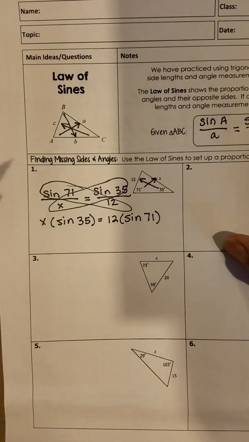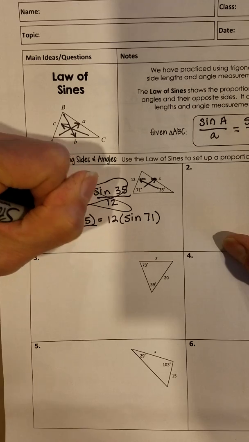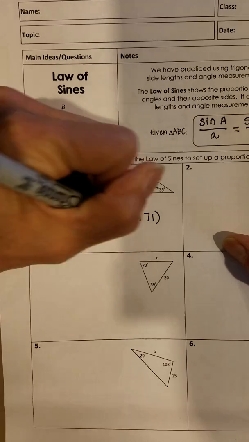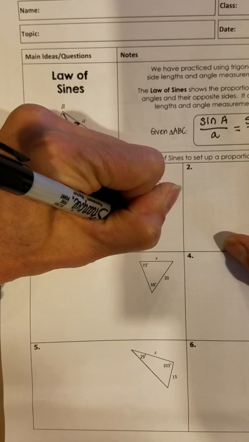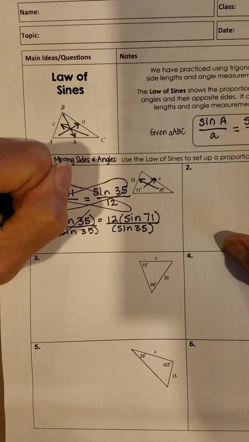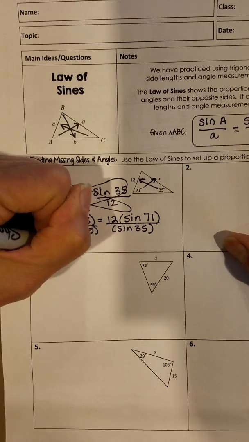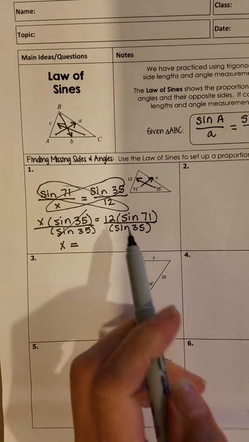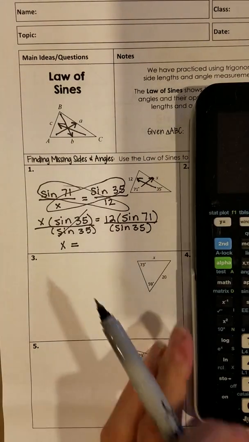We need to have x by itself, so we're going to divide both sides by sine 35. Okay, so take a look. These sines cancel out. So great, we're left with x is equal to this. What's this? Just a whole bunch of numbers that we can put in our calculator.